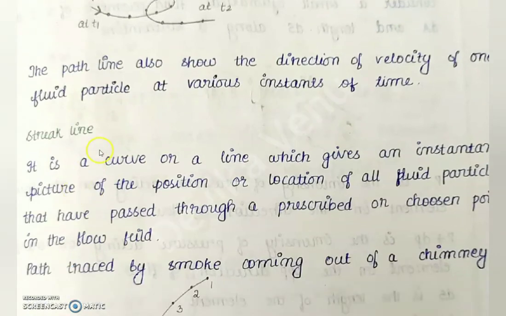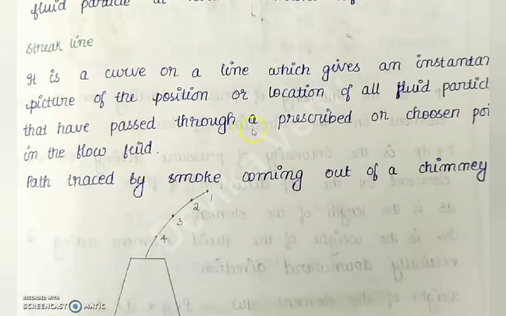The fourth one is streak line. Streak line is a curve or a line which gives the instantaneous picture of the position or location of all fluid particles that have passed through a prescribed or chosen point in the flow field.